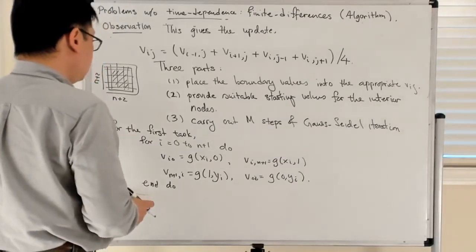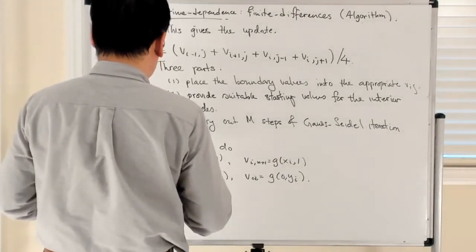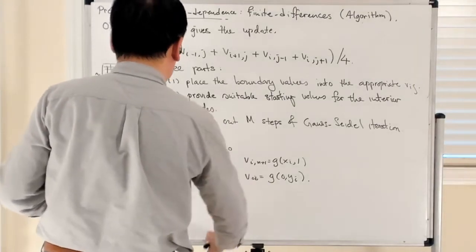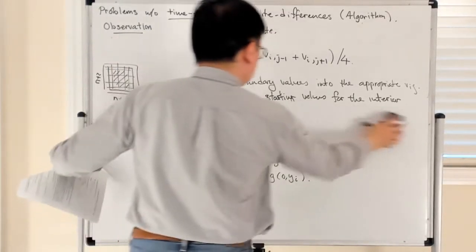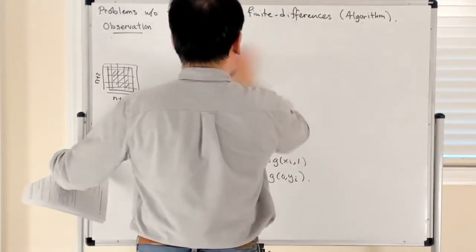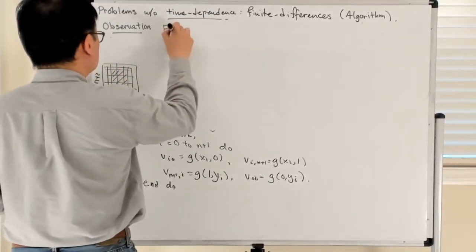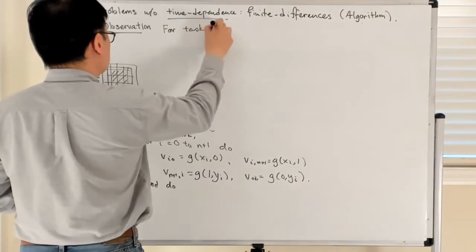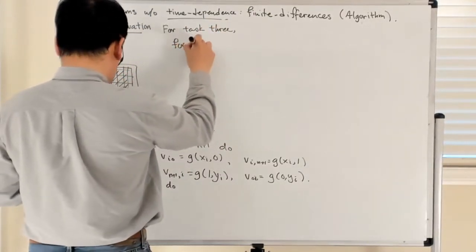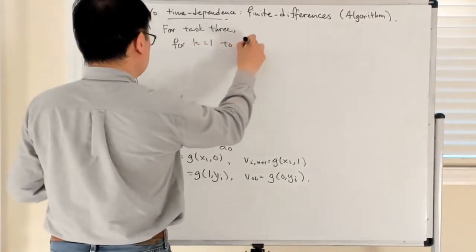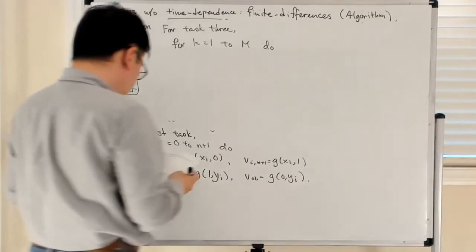Okay, and then for the third task, you have for k equals 1 to m do. This is the m steps of Gauss-Seidel, so that's the outer loop.